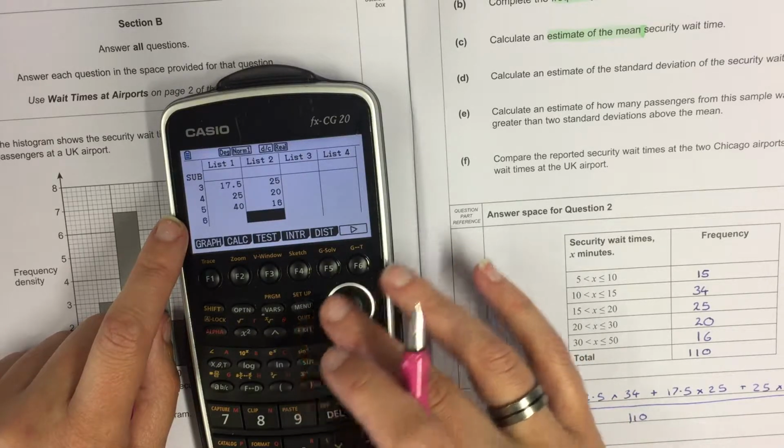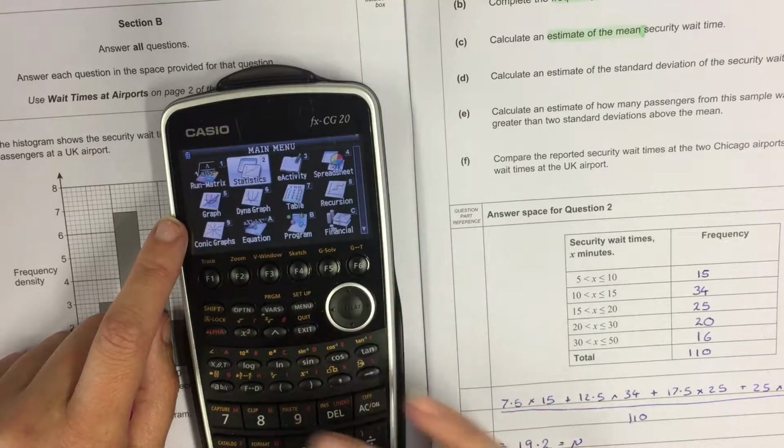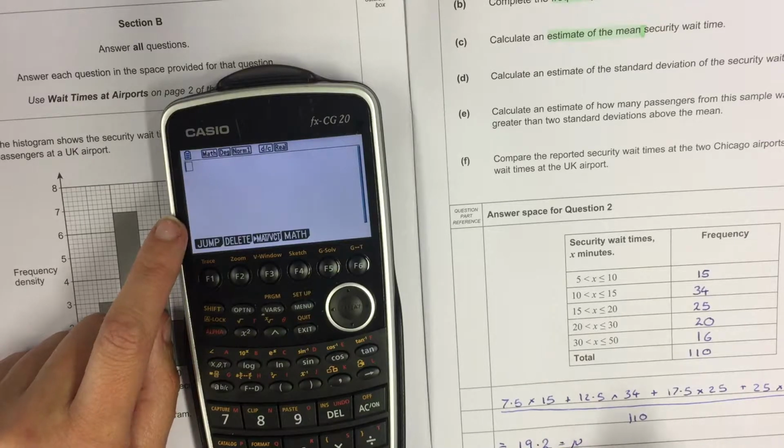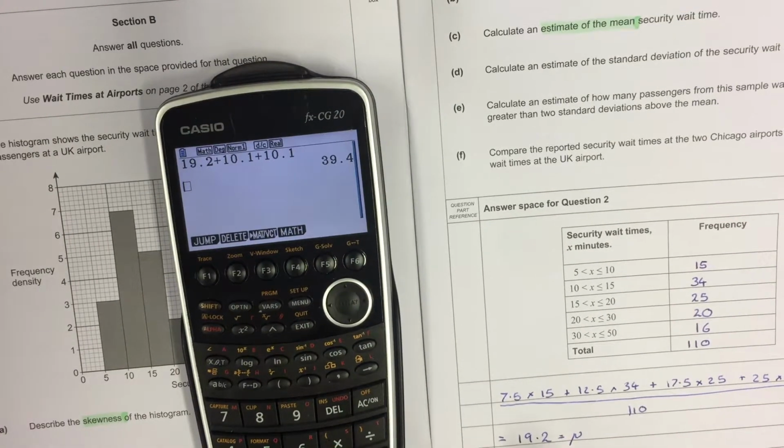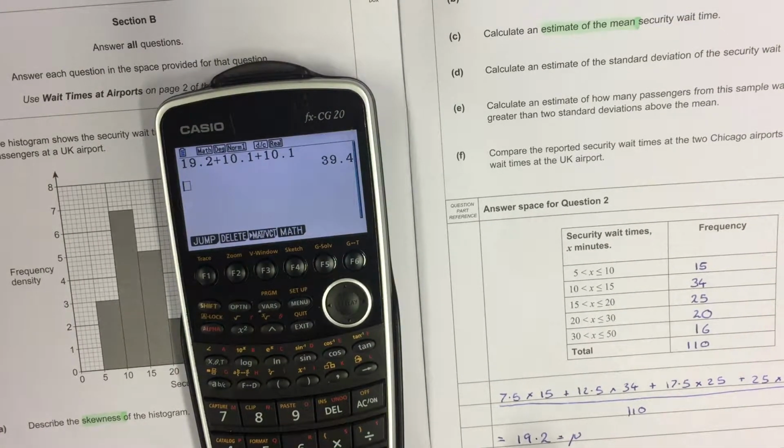So if we go into normal maths, we want 2 standard deviations above the mean. So that's 19.2 plus 10.1 plus 10.1, which is 39.4. So 2 standard deviations above the mean is 39.4.